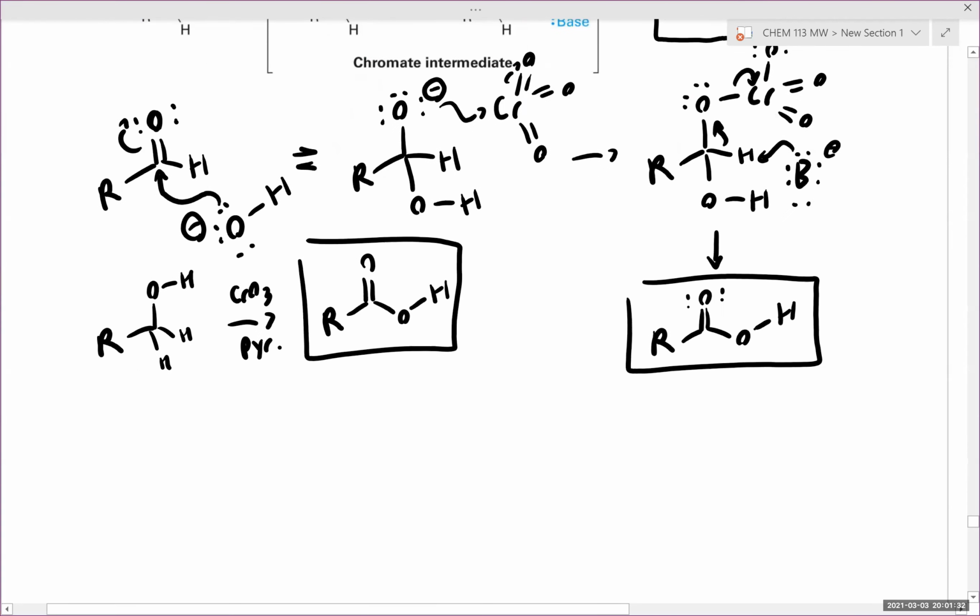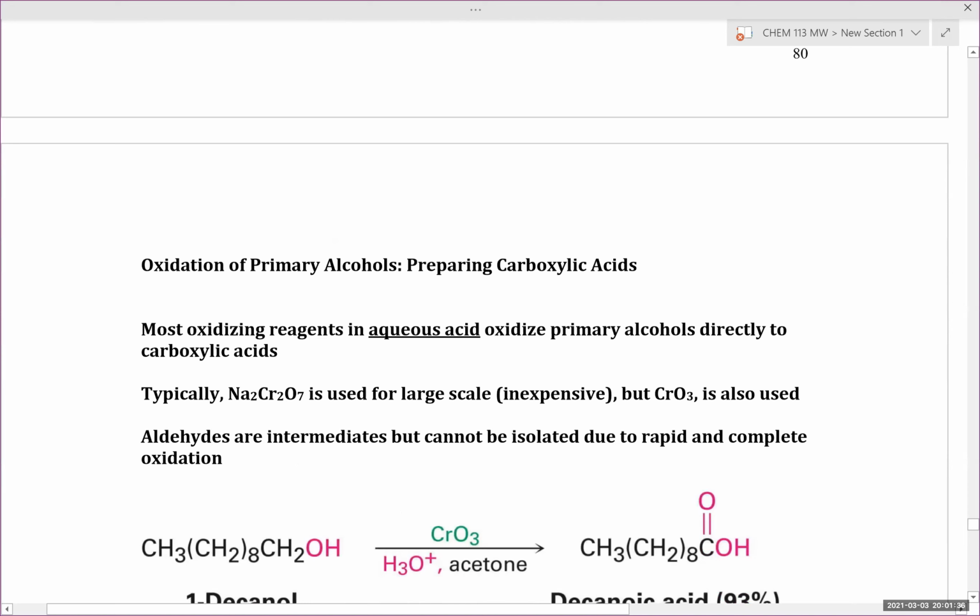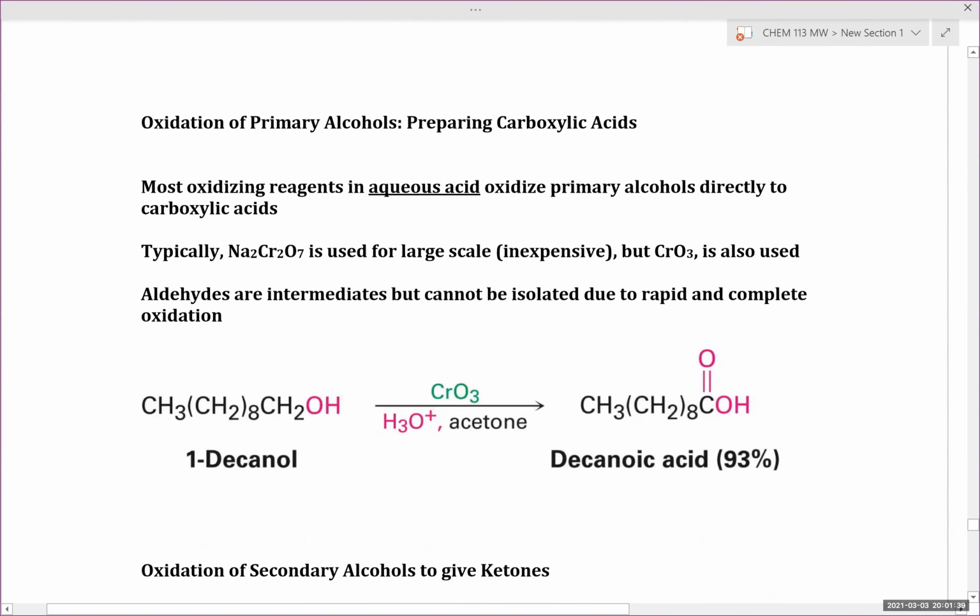Okay, so let's keep going then. So many common oxidizing reagents in aqueous acid will oxidize primary alcohols directly to carboxylic acids. So chromium trioxide under acidic conditions will typically oxidize your primary alcohol all the way to the carboxylic acid.